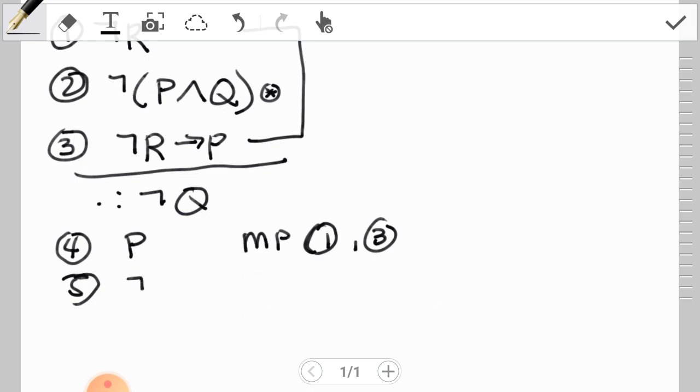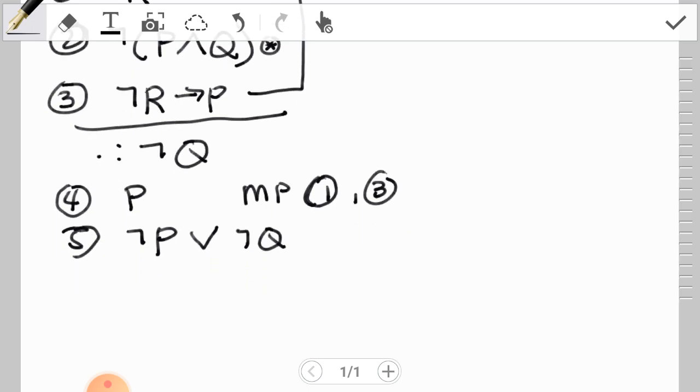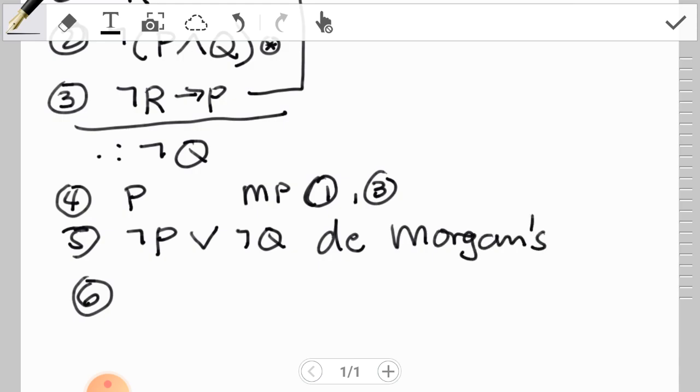So that now becomes not P, not Q, and then our connective AND becomes OR. Okay? And then, so what did we do here? This is just using De Morgan's rule for line number 2.